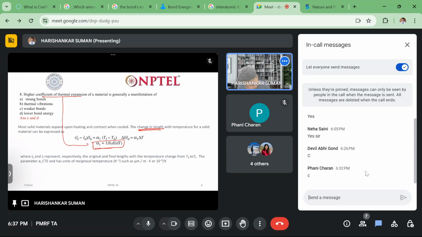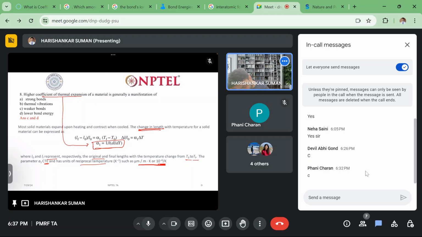Okay, where L naught and L final represent the original and final length as the temperature changes from T naught to T final. The parameter alpha is the coefficient of thermal expansion and has units of inverse Kelvin, inverse temperature. This is about 10 to the power minus 6 per Kelvin, or per degree Celsius also.